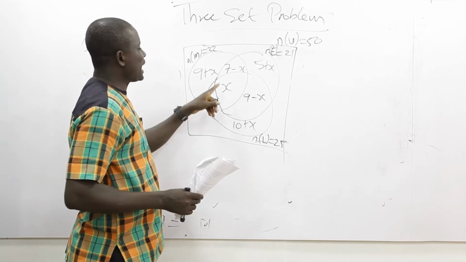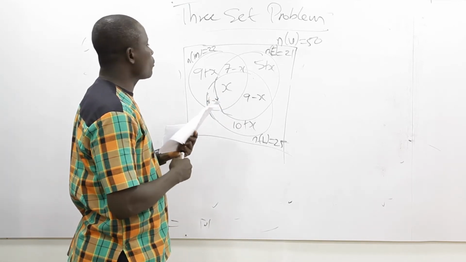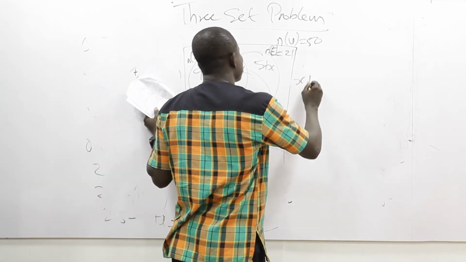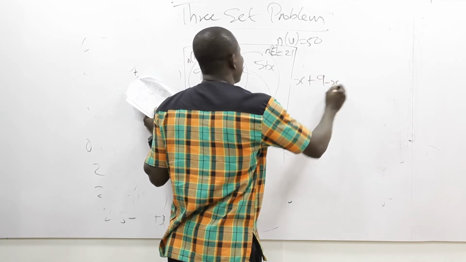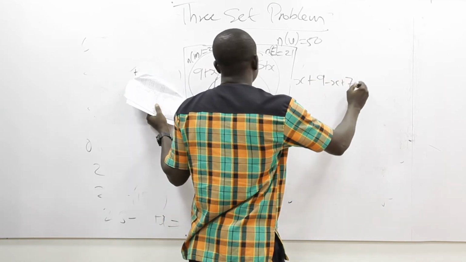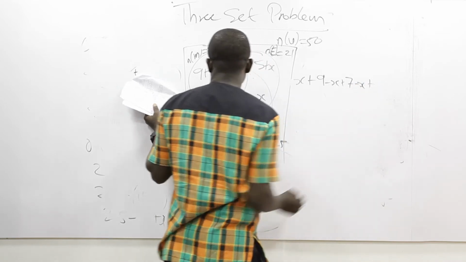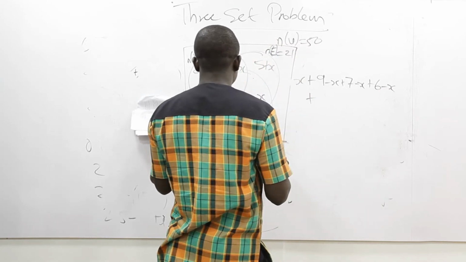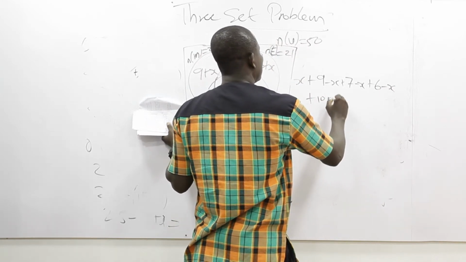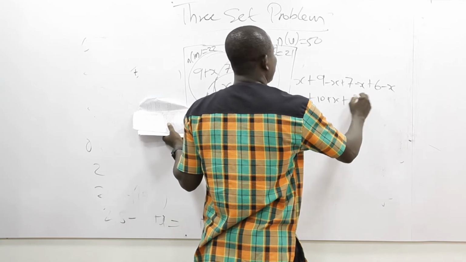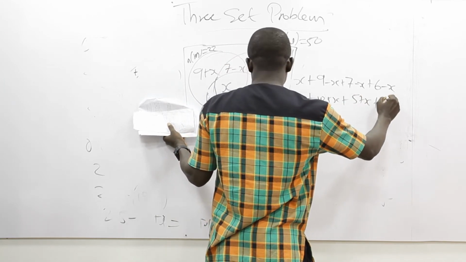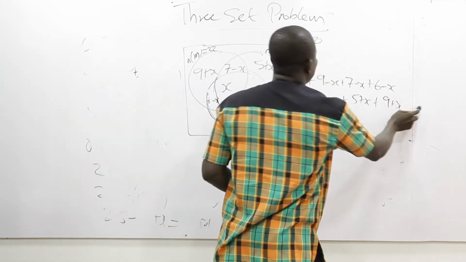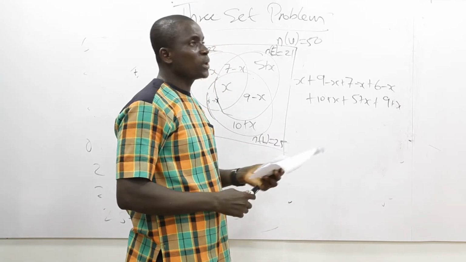Someone can decide to write x plus 9 minus x plus 7 minus x plus 6 minus x plus 10 plus x plus 5 plus x plus 9 plus x. Look at how lengthy this is before you equate it to 50.